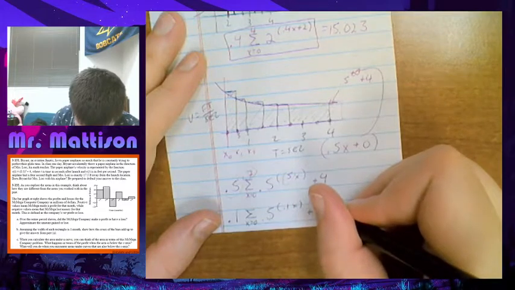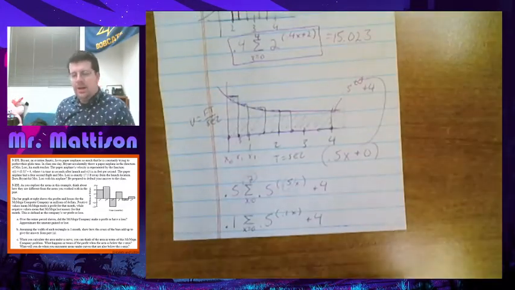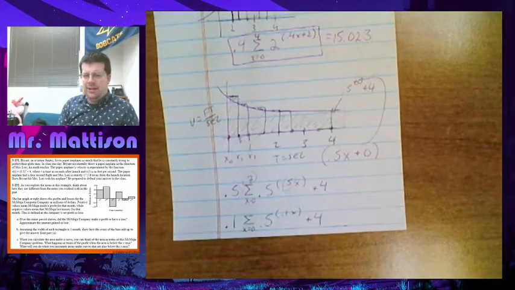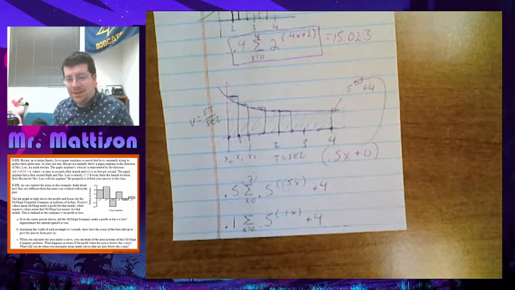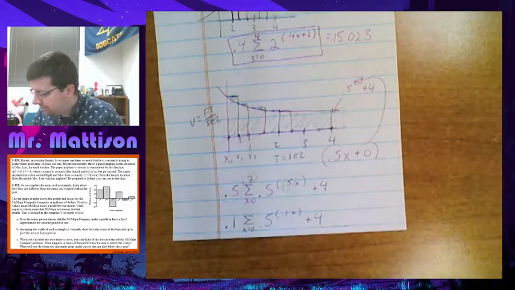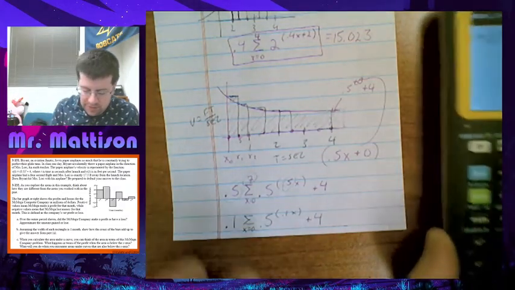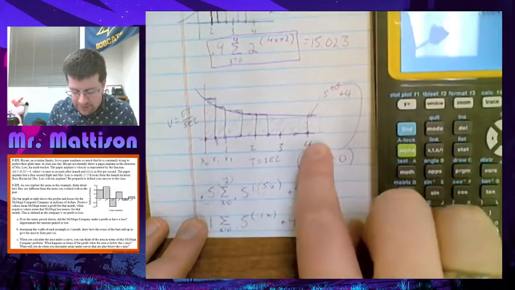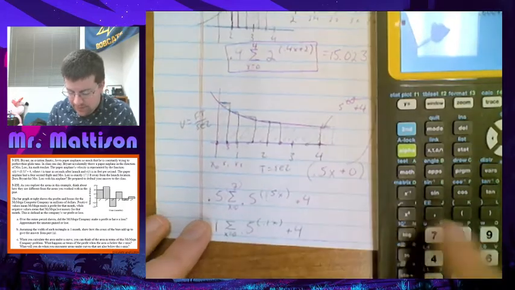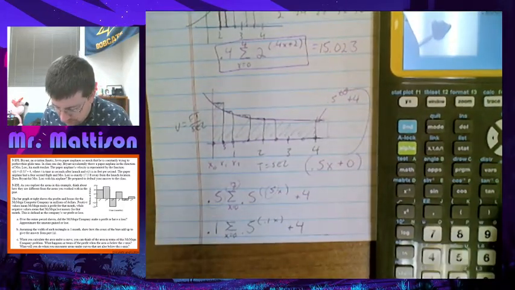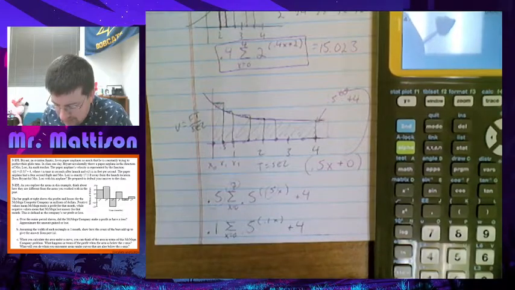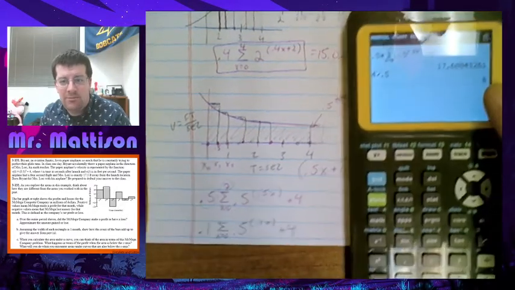plus 4. And I say, well, how many rectangles am I going to have? If I'm going to 0.1, my distance is 4. So here, when I had a distance of 4, and I divided that by 0.5, I ended up having the 8 rectangles.